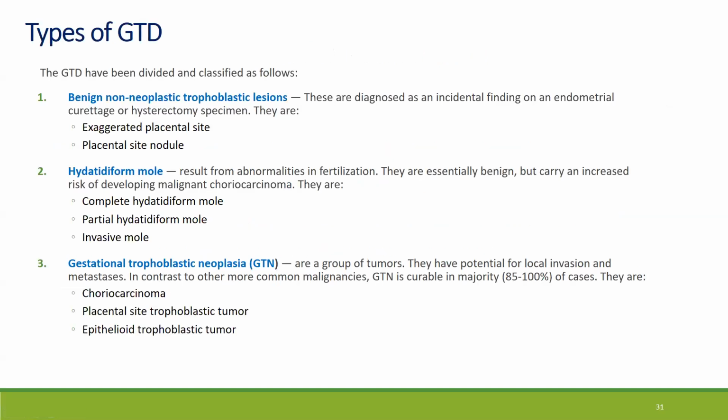Types of gestational trophoblastic disease include benign non-neoplastic trophoblastic disease, such as exaggerated placental site nodules. It's not important to remember these, as many times they're clinically not important, so we can ignore the benign non-neoplastic diseases.